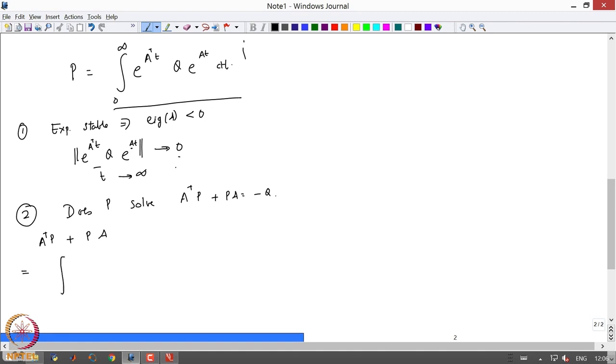P is the integral from 0 to infinity of e power A transpose t Q e power A t, so I get A transpose times that, plus P times A, dt.